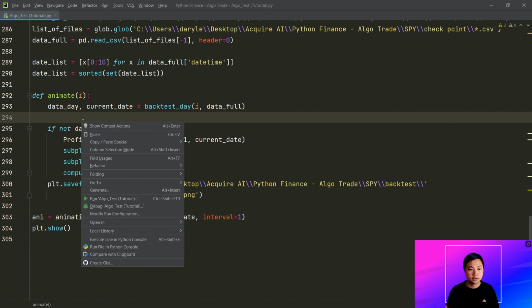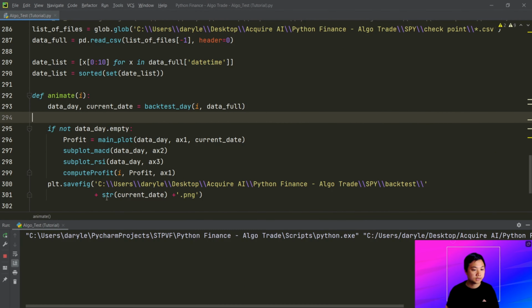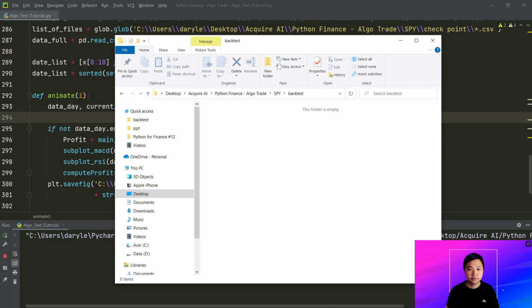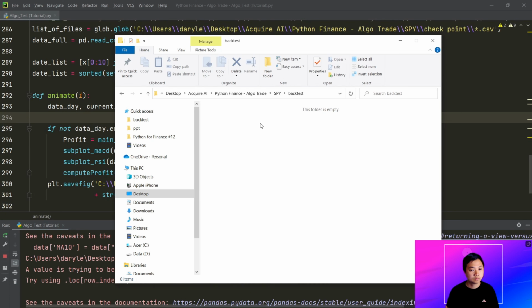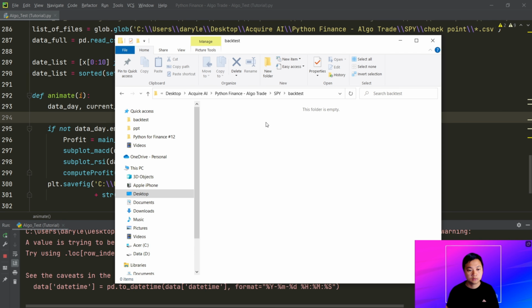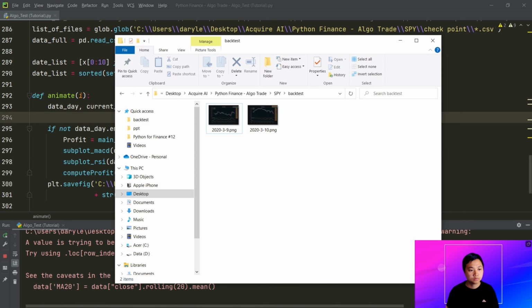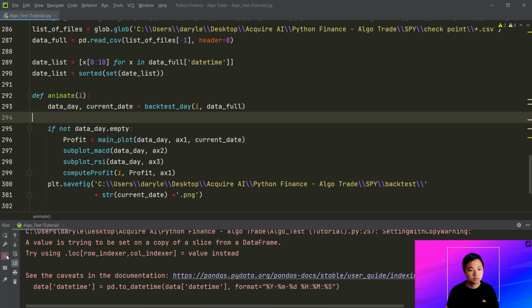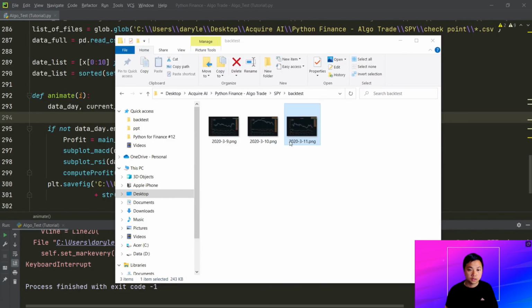So if I run this, let's see if I've done it correctly. I just open the backtest folder. Just let it run for a few days. And here we go.